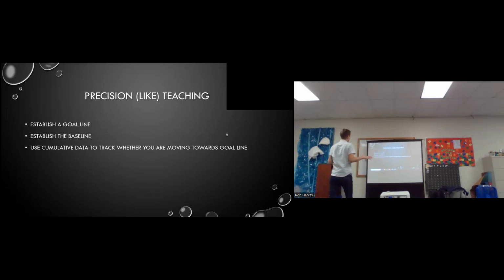But if Joey Chestnut gave up eating hot dogs when he could only eat, I don't know, how many does he eat? It's like over 100. It's a disgusting amount of hot dogs. If he gave up, then he never would have become the champion, right? And so really cumulative data is where it's at for precision teaching, right?